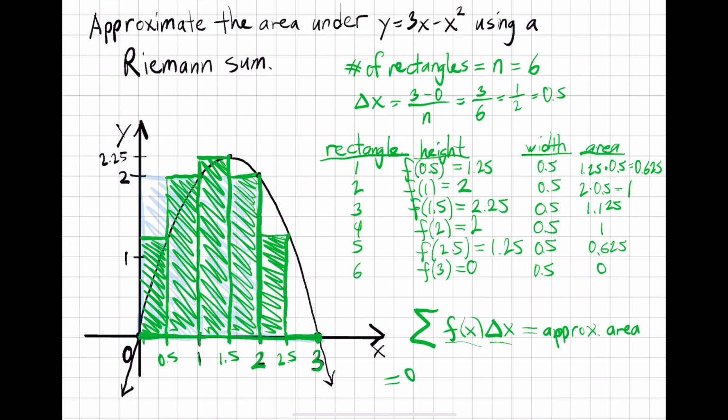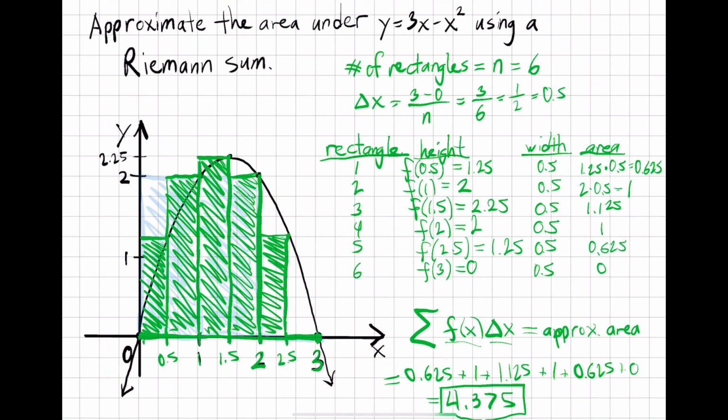We're going to have 0.625 plus 1 plus 1.125 plus 1 plus 0.625 plus 0. And we'll get 4.375. That is our approximate area.